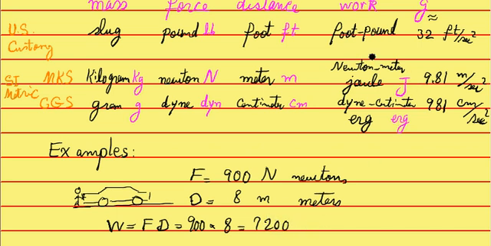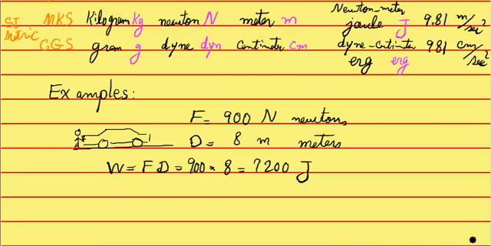What would be the unit? A Newton meter, which is joules. That's just it. For problems where the force is constant, we don't have much else to do other than multiplying with displacement. So this was an example of a constant force.